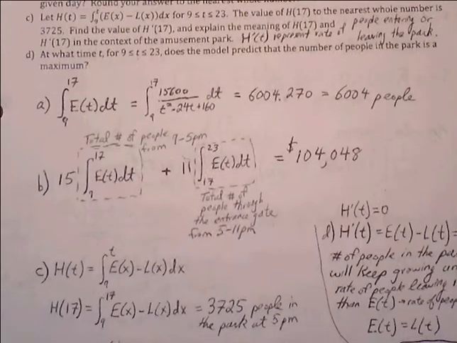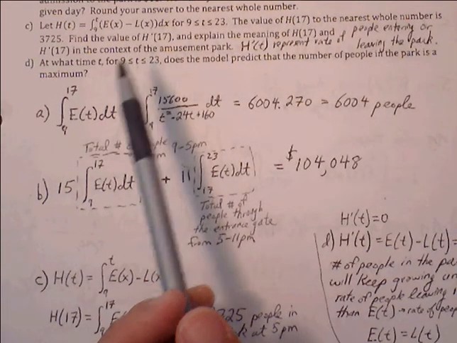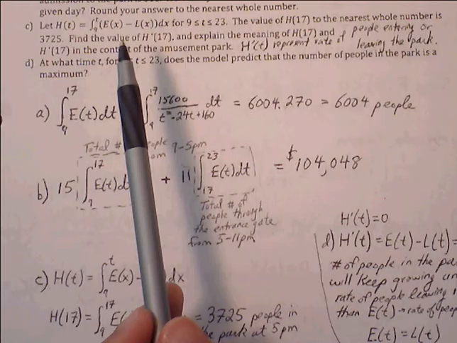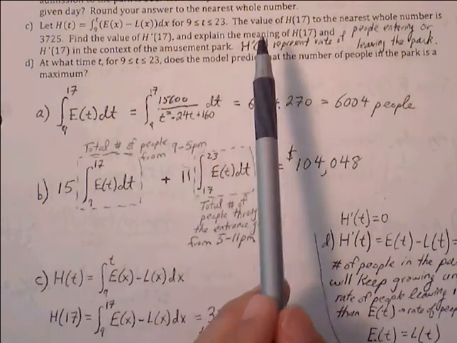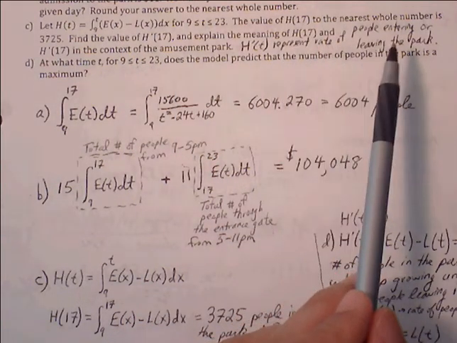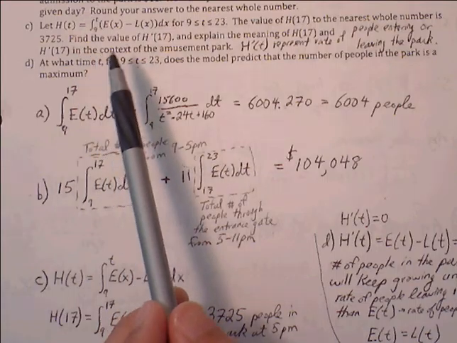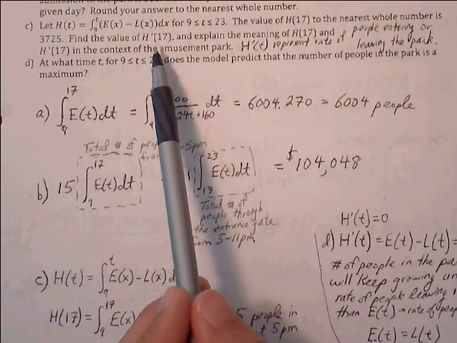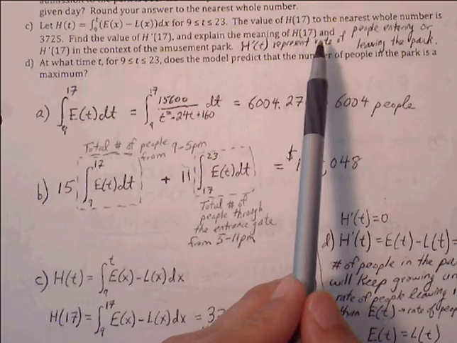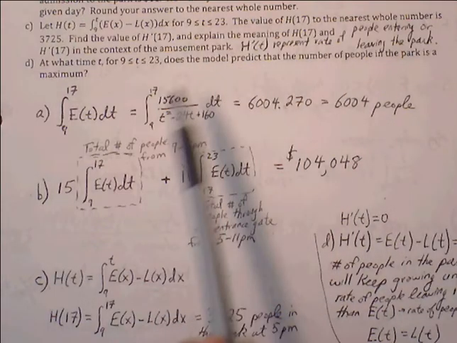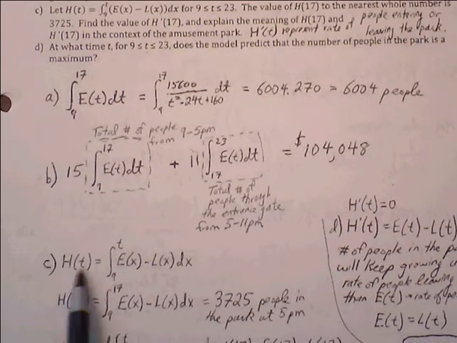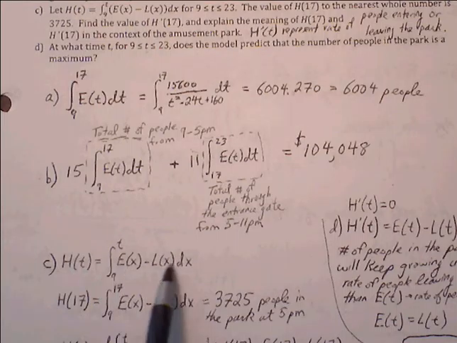Okay. Part C, let h of t equal the definite integral from 9 to t of E of x minus L of x. The value of h of 17 to the nearest whole number is 3725. Find the value of h prime of 17 and explain the meaning of h of 17 and h prime of 17. So h of t is a definite integral from 9 to t of E of x minus L of x.